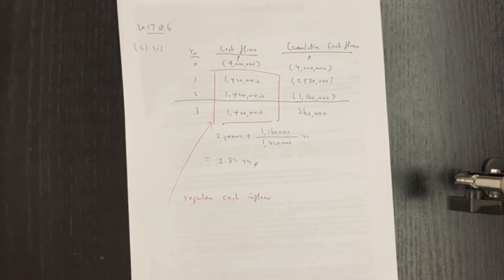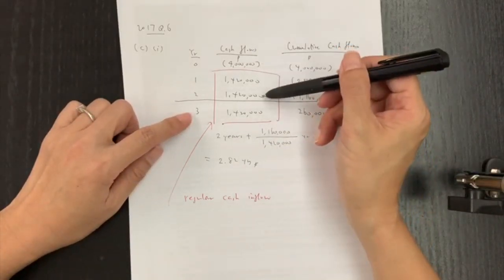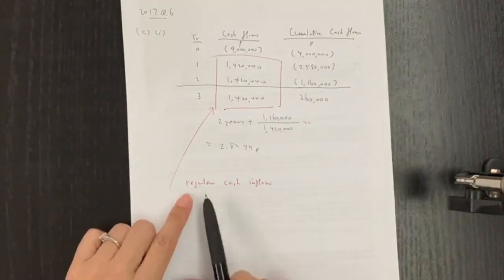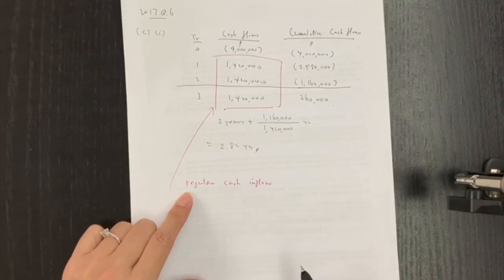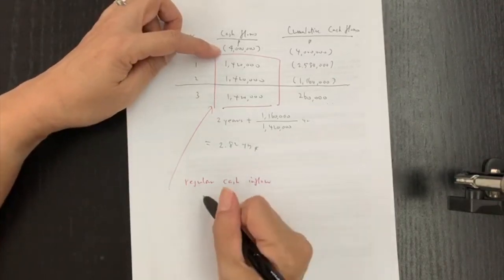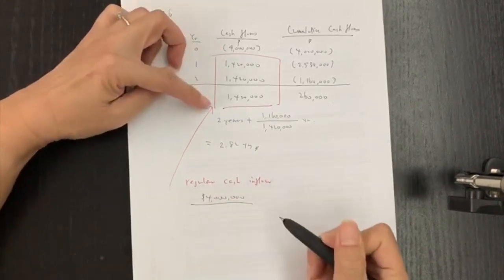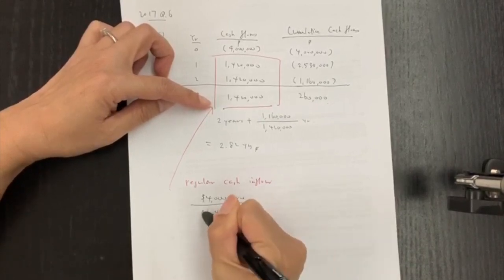Okay, however, when you look at this question, we have the net cash inflow being the same each year. So we say that there is a regular cash inflow. So actually we can use a faster method, that is how long this 4 million will be covered by 1,420,000 in each year.